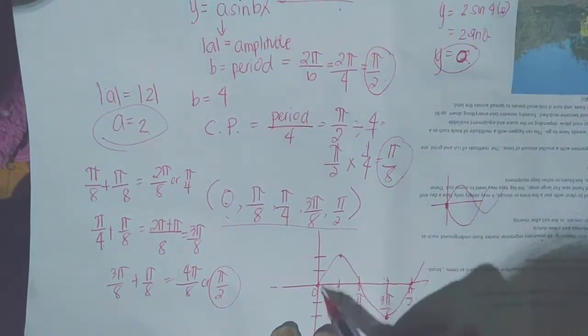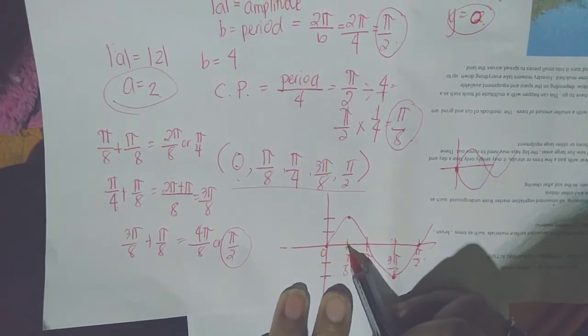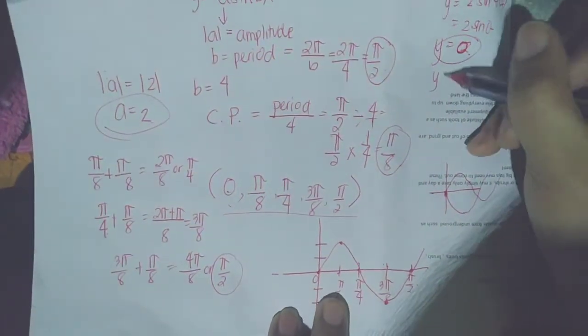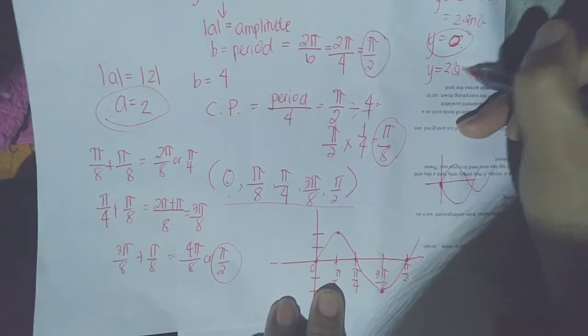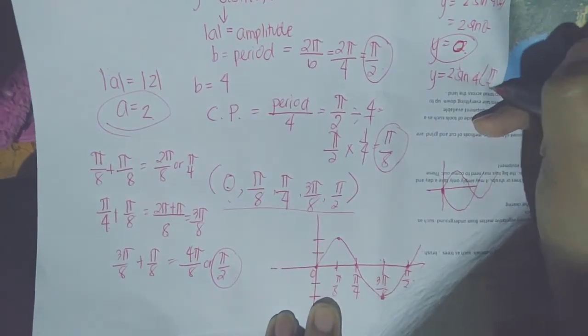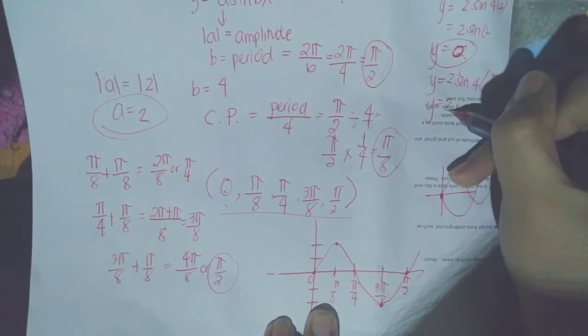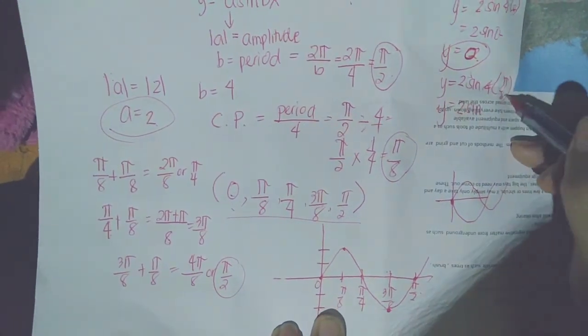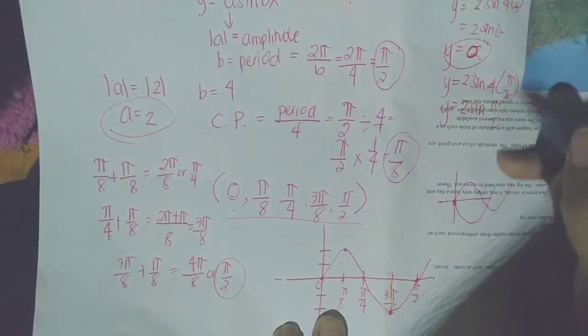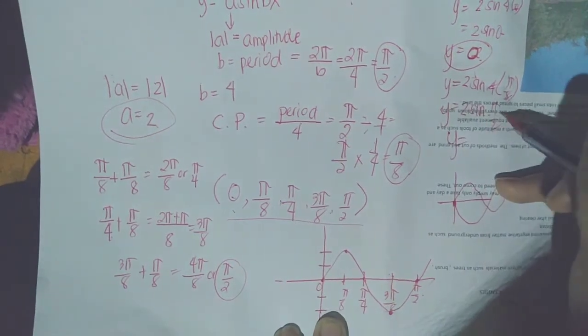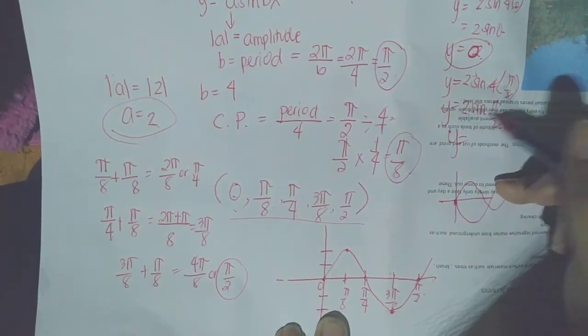Then if you want to try the pi over 8, y equals 2 sine 4 times pi over 8. So y equals 2 sine pi over 2.